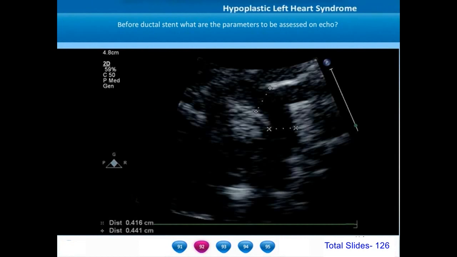The transverse aortic arch and isthmus diameter is very significant because this is going to determine, after a stage 1 hybrid procedure done on hypoplastic left heart, whether the carotid and the coronary perfusion are going to be adequate or not.